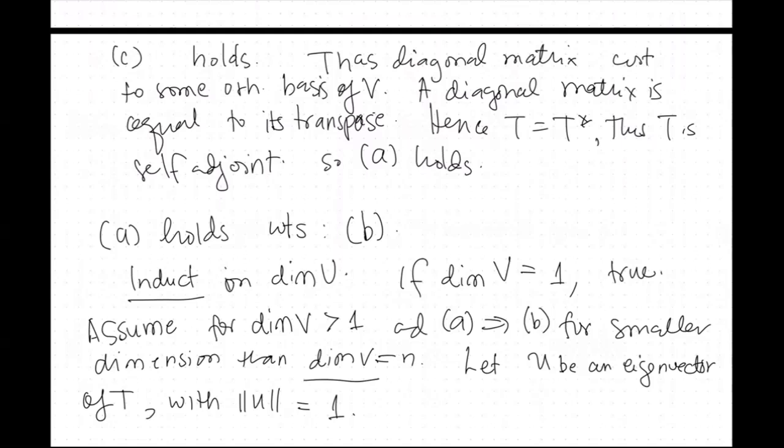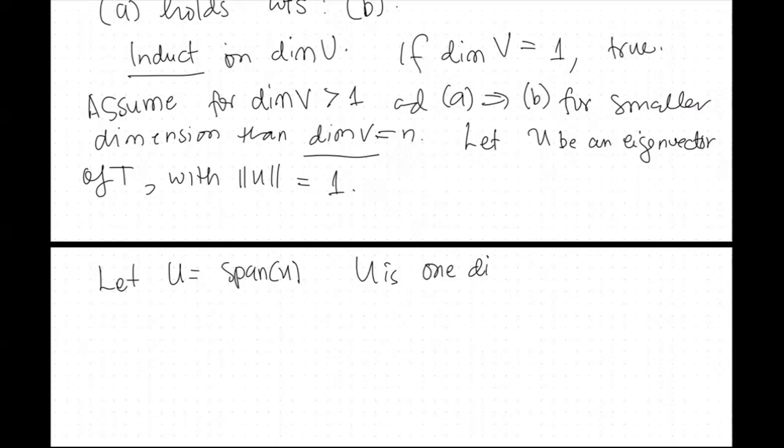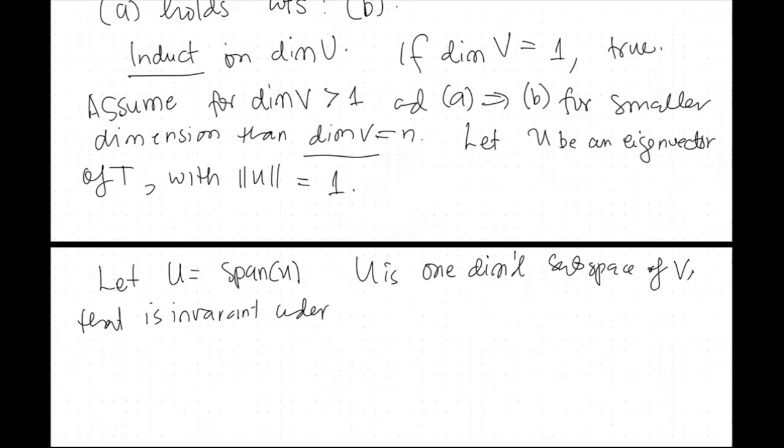Let us consider U, the span of the vector u. Then U is a one-dimensional subspace of V that is invariant under T, because here u is an eigenvector.